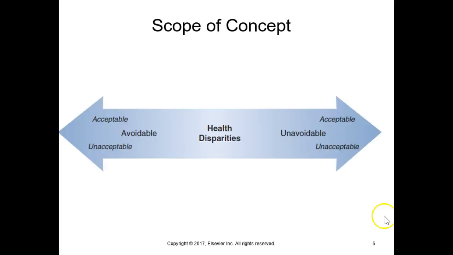It looks at acceptable and unacceptable avoidable disparities, or acceptable and unacceptable unavoidable disparities. Your textbook does a nice job of giving examples and details about that, and that's on page 506. And here's an example of that graph I was telling you about.